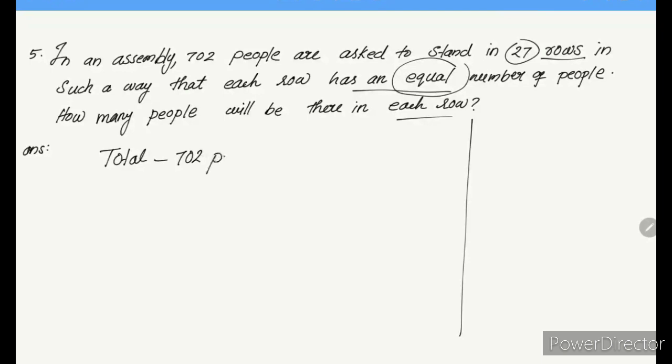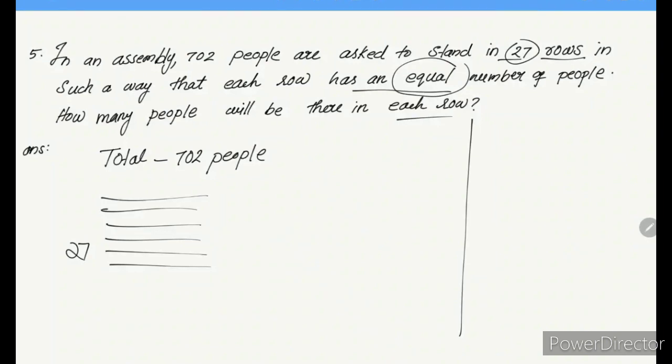They want to stand in 27 rows. In 27 rows they need to stand. And in one row, how many people will be there?